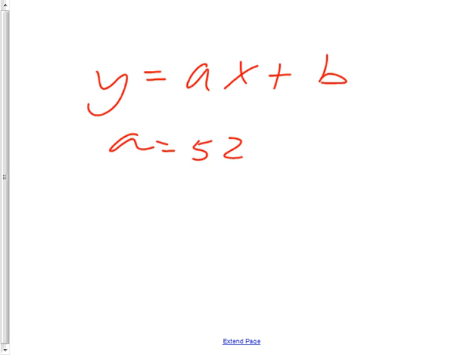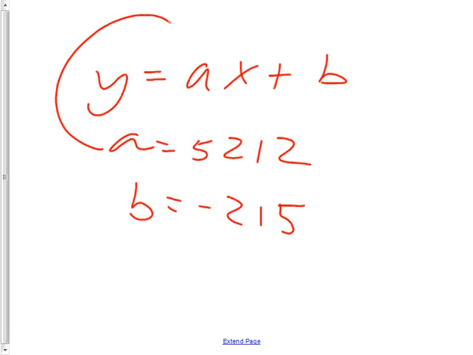All right, so what if you get a more complicated one? You put in more complicated information, of course you get a more complicated equation. It'll say y equals ax plus b, and it'll say a is like 5,212, and b is like negative 215. So you just stick the a in here, and stick the b in there, and you got your equation. This happens to be the number of llamas in Peru at any given time.